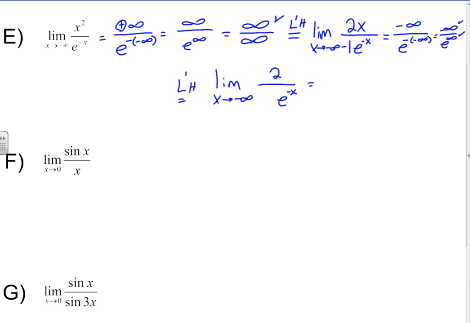All right, so we get 2 times e to the negative, negative makes this positive infinity. So now I get 2 divided by something very, very large. That's going to make this go to 0. So that time it took 2 L'Hopitals to figure that out.